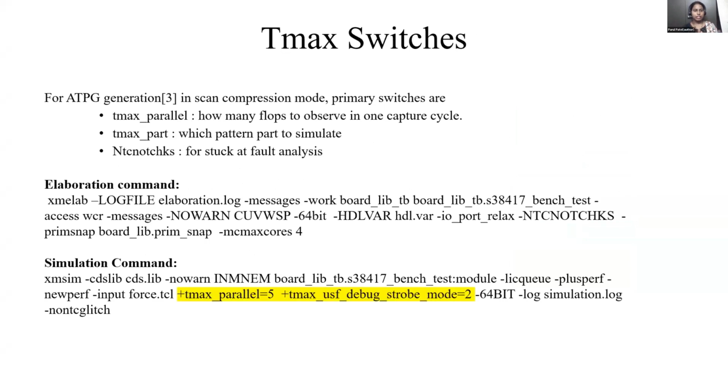Now, for running a simulation, these are the commands for elaboration. We will give whatever our test bench name is in this worklib.db. Then we have HDL, where there are some environment variables that we need to set. By environment variables, I mean there could be some combinational delays.